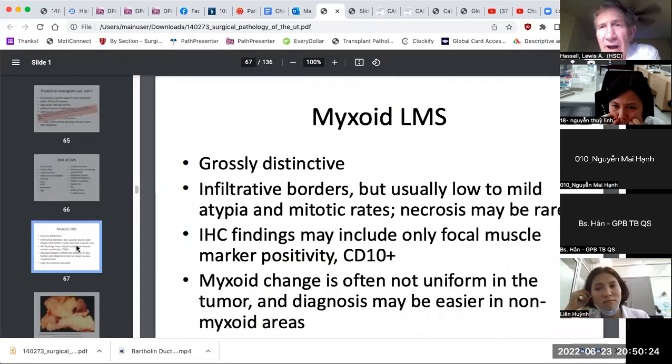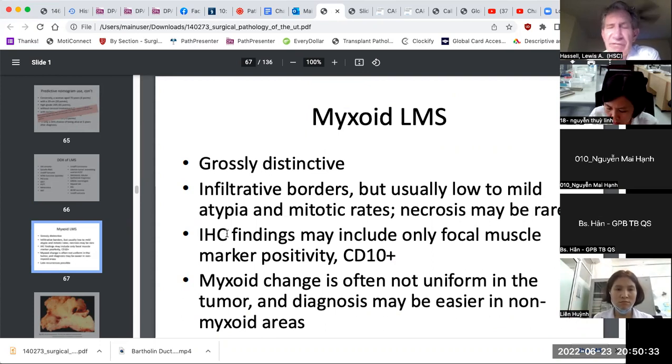So let's talk, in the few minutes we have left, about myxoid leiomyosarcoma. This looks grossly different from other smooth muscle tumors, and tends to have an infiltrated border, but perhaps with less nuclear atypia.